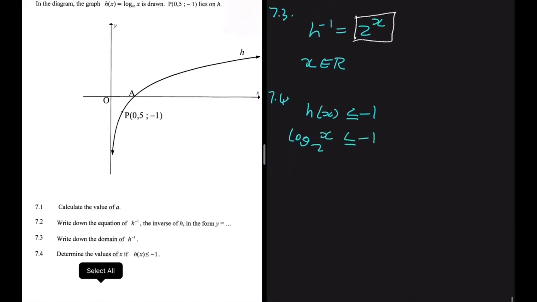If we do that, we're going to get x being less than or equal to 2 to the minus 1, which is the same as 1 divided by 2. That's our upper restriction. Now we need our lower restriction, right? We know that we cannot take log of 0 or log of a negative number, right? So we must indicate here that we need x to be greater than 0 but less than or equal to a half.